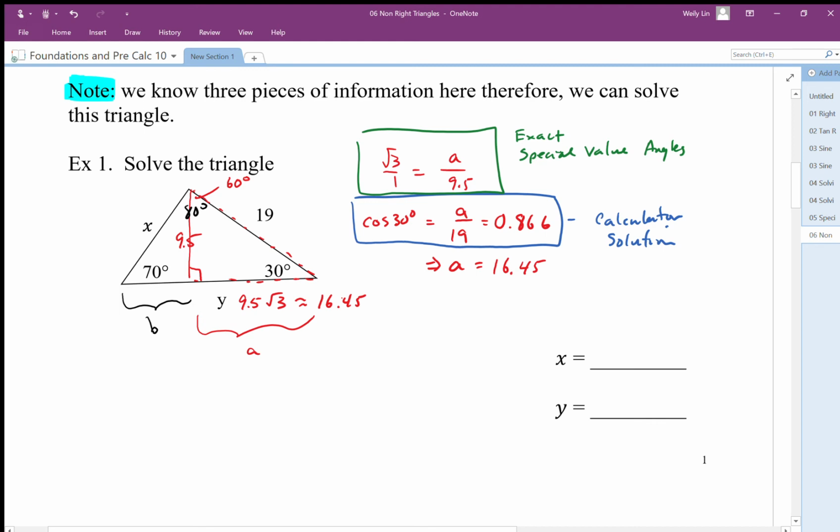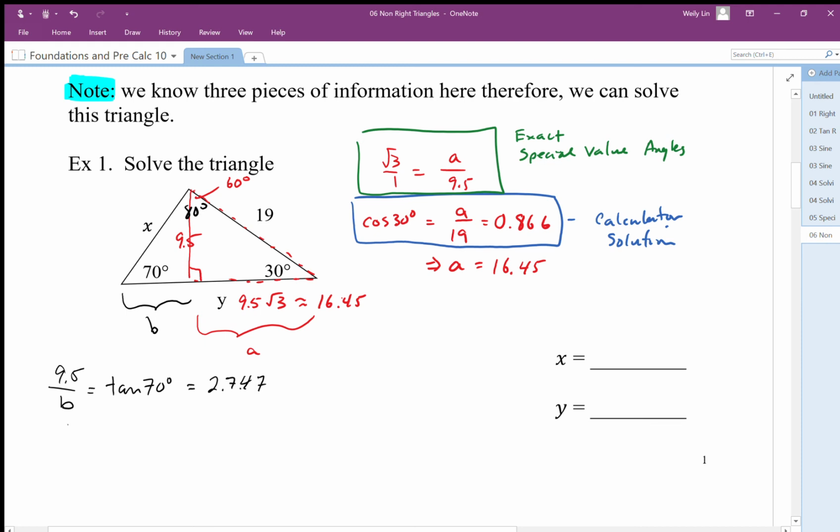I'm going to solve for B first, and I have adjacent and opposite, or rise and run. That's going to be your tan ratio. That's going to be the slope of 70 degrees. So I need the tan of 70 degrees from my calculator. My slope is 2.7474, so I'm just going to round that to 2.747.